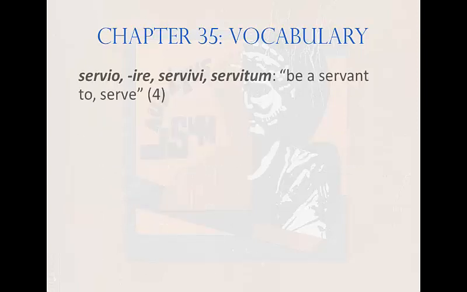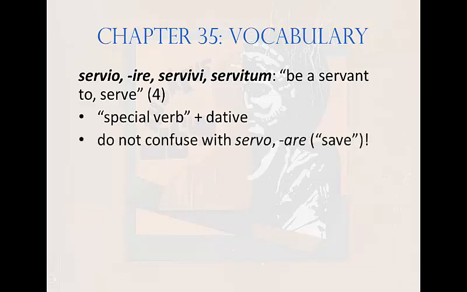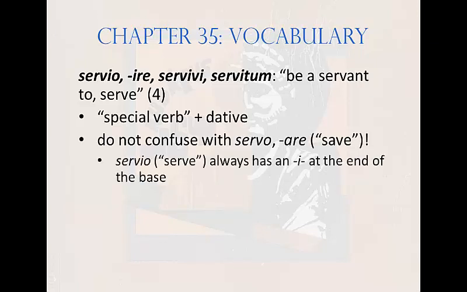And here's yet another special verb, servio, servire, servivi, servitum, meaning be a servant to or serve. A fourth conjugation verb that takes the dative. Be careful not to confuse this verb with servo, servare, to save. Watch for the I in servio, the serve verb, as in serviant, meaning let them serve, or they serve subjunctively.